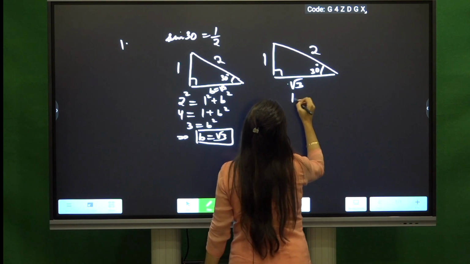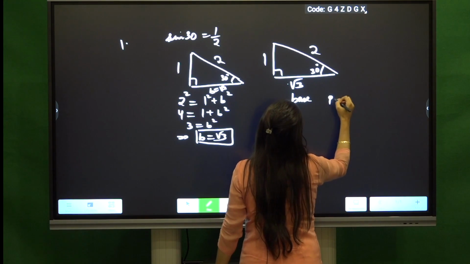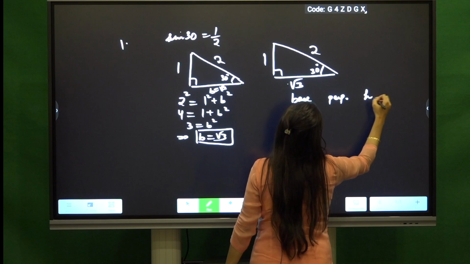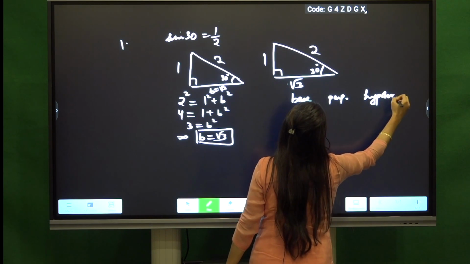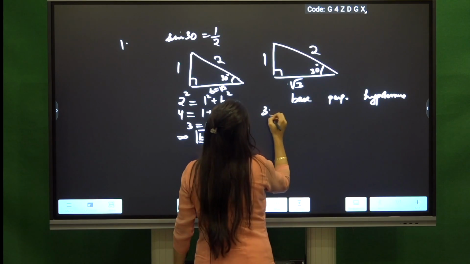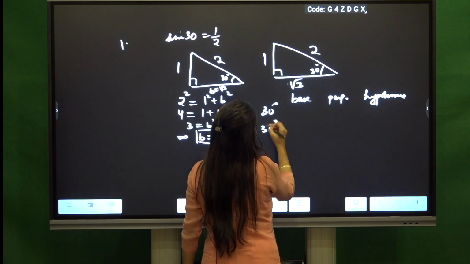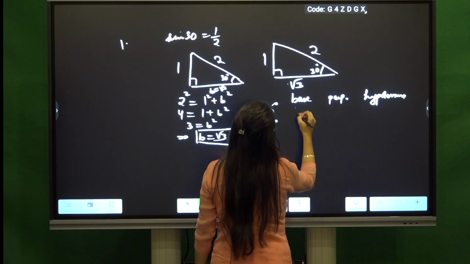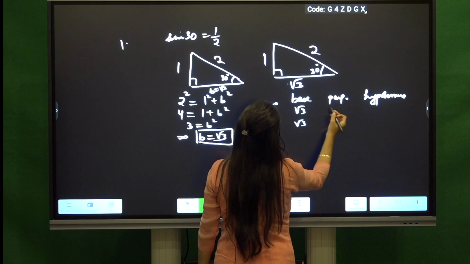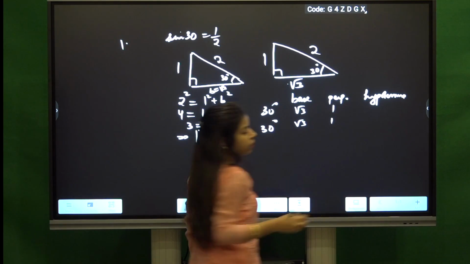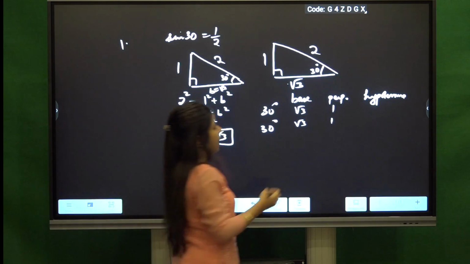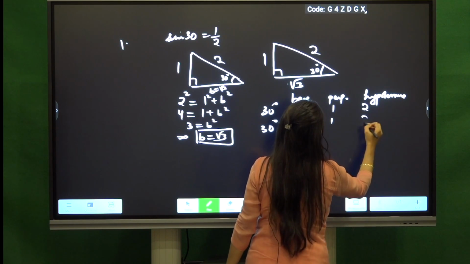So this is base, perpendicular and hypotenuse, 30 degree and 30 degree. So base is root 3, perpendicular is 1 in both the cases, and hypotenuse is 2.